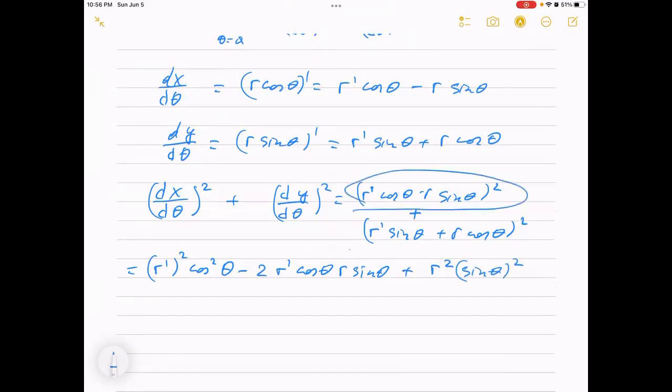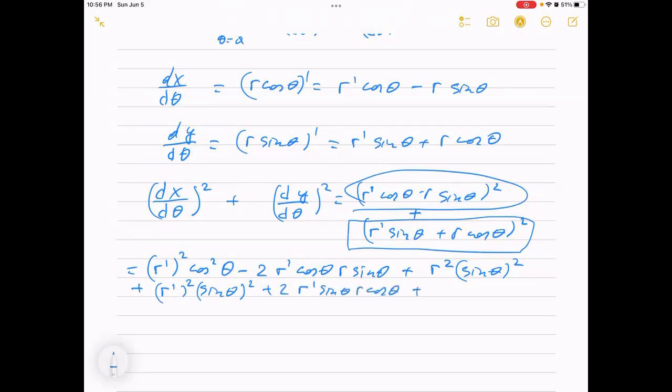Now I'll do the same with the second one, the square of the sum: plus r prime squared sine squared theta plus 2 r prime sine theta r cosine theta plus r squared cosine squared theta. If we look at that expression, you notice that the two terms in the middle cancel out, because it's exactly the same expression with opposite signs.